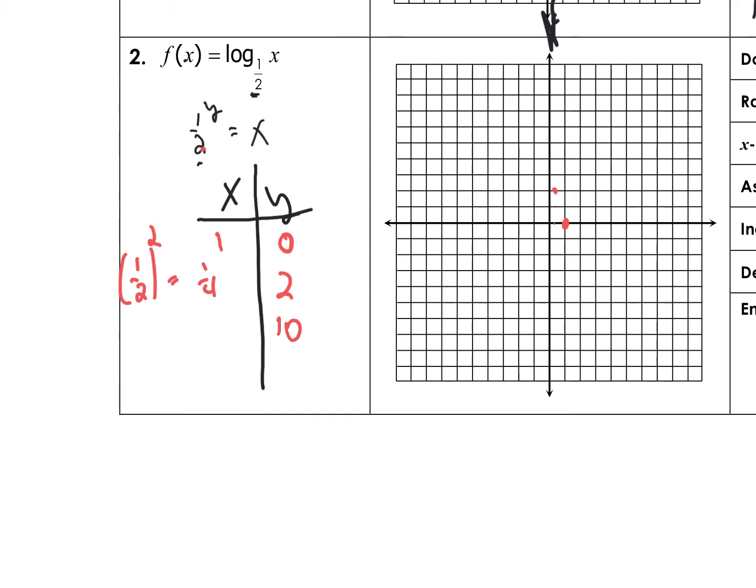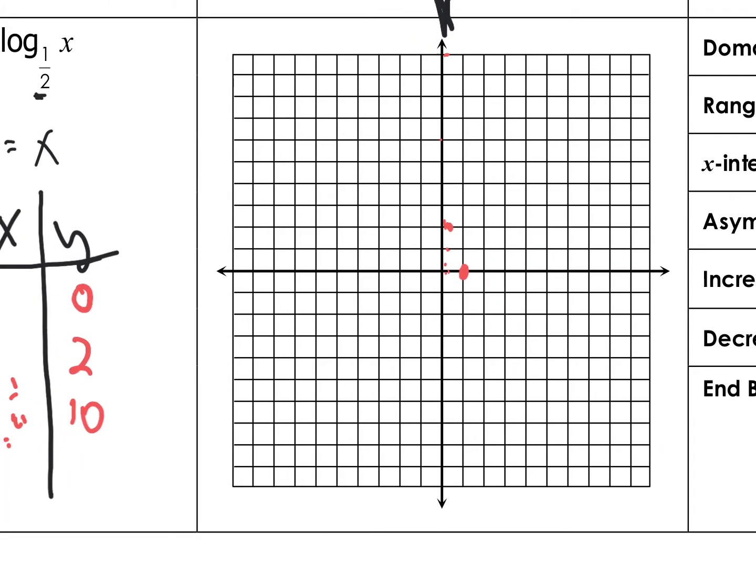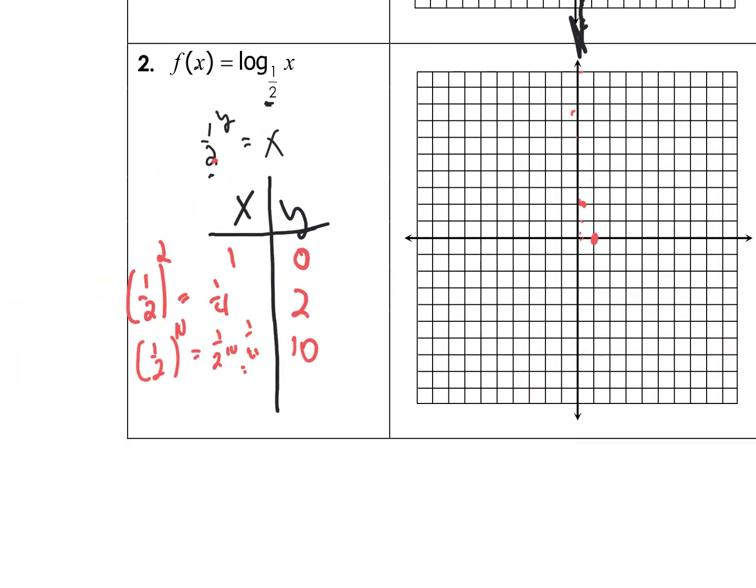Well, unfortunately, it's going to put it back in the same place. 1/2 to the 10th is 1 over 2 to the 10th. 2, 4, 8, 16, 32, 64, 128, 256, 512, 1024. 1 over 1024. It's very small. It's going to be way up here, up at the tip. So that's what's happening here. It just keeps getting closer and closer to the y-axis going up that way.